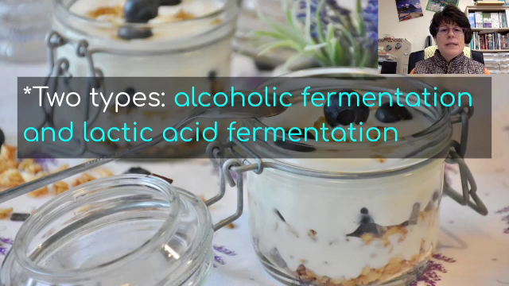And we will be doing both of these in class. We're going to ferment some grape juice using alcoholic fermentation, and we are going to make sauerkraut using lactic acid fermentation.